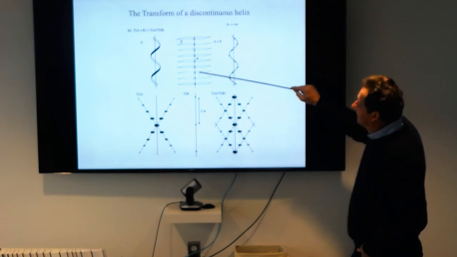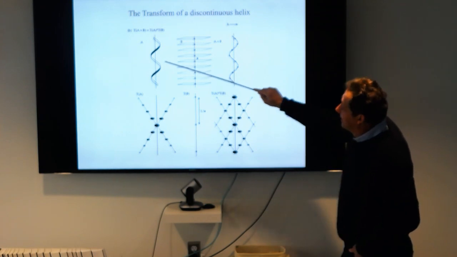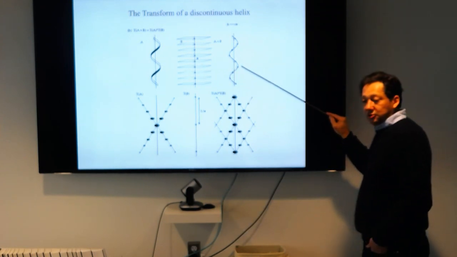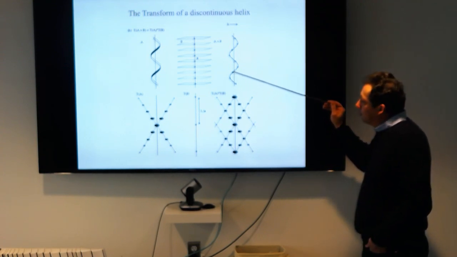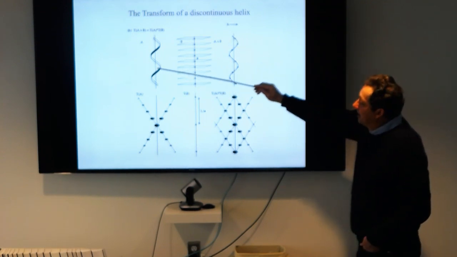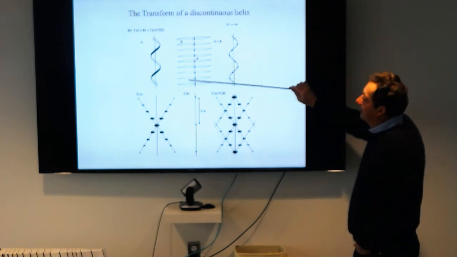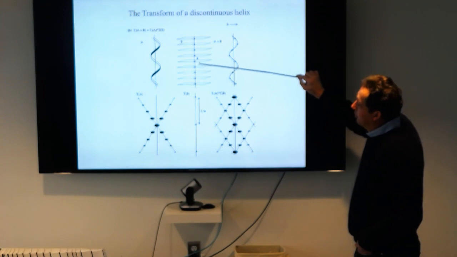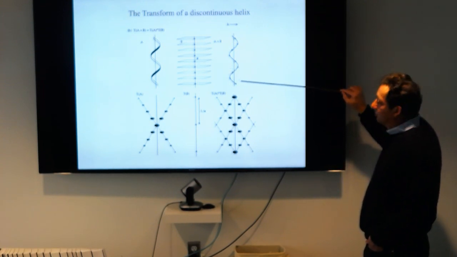I can make that by multiplying this function by this function to obtain this function. Still, these are ideal atoms located just at these positions. So I multiply this ideal continuous helix by this series of ideal planes separated by a distance, which will be whatever distance I choose to put the atoms here.